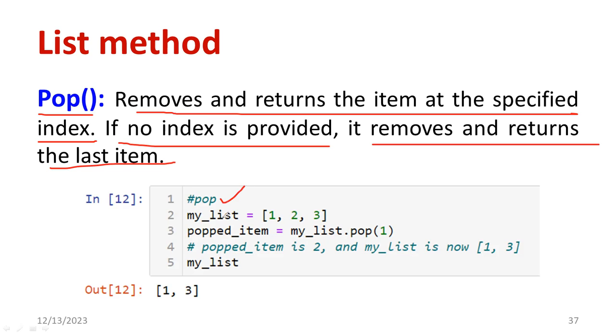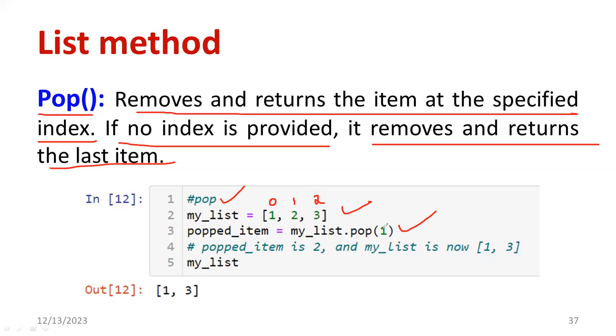For example, we are learning about pop. My list is 1, 2, 3. I want to use mylist.pop(1), that means the item at index 1 will be removed. Index 0 is equal to 1, index 1 is equal to 2, index 2 is equal to 3.